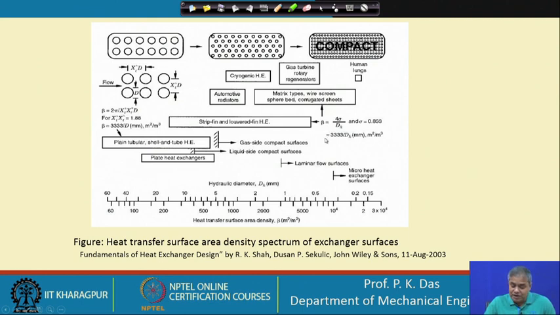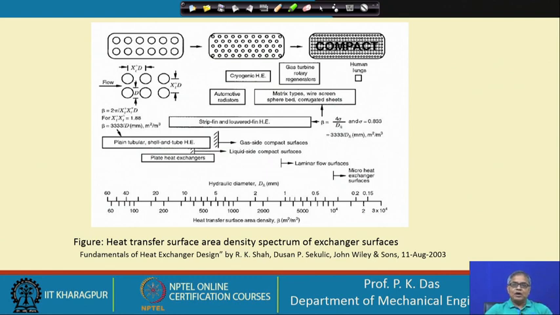One kind of heat exchanger which has become very important nowadays is the micro heat exchanger surface. This has become very important nowadays, with the advent of development in the manufacturing methods.